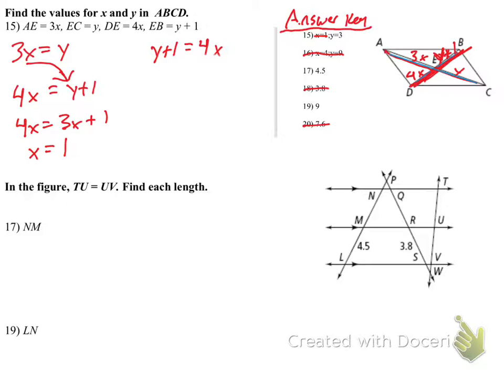And from there, if we have 4x is equal to y plus 1, and then y equals 4x minus 1, then when we have the problem, 3x is equal to y, we can have 3x is equal to 4x minus 1, but then we get x again.